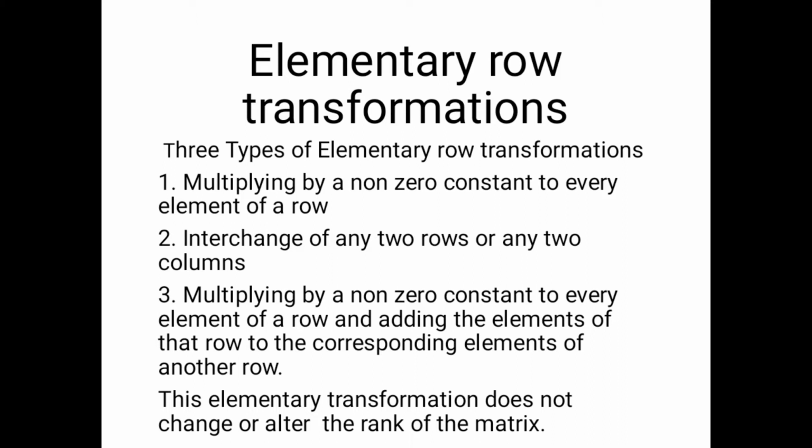The third type of elementary transformation is we may multiply every element of a row by a non-zero constant and add it to the corresponding elements of another row.